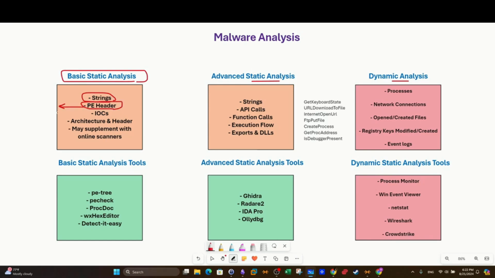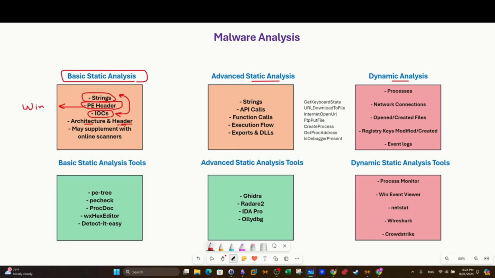This is especially true when handling Windows executable files. Indicators of compromise, IP addresses, hashes, DNS names, are especially connected to strings. You may find these items when extracting strings. Architecture and header: whether the file is 32-bit or 64-bit, and header information that verifies its nature.